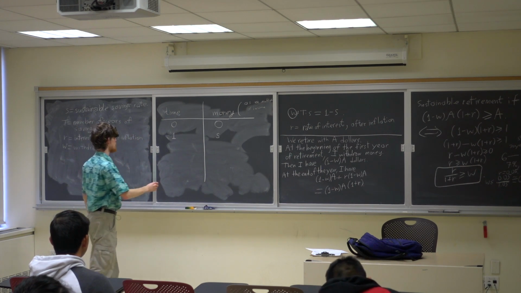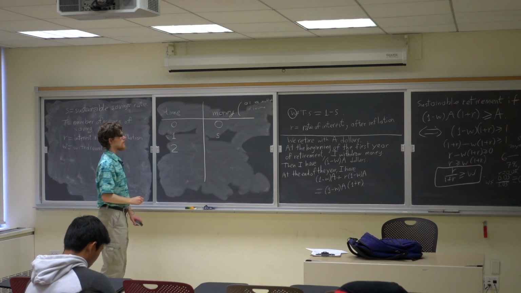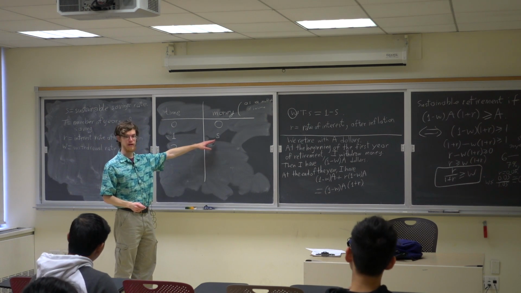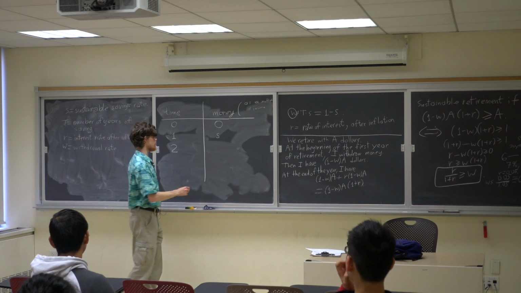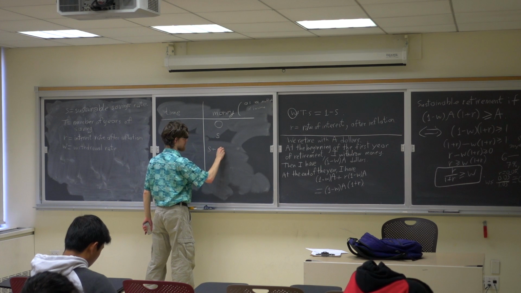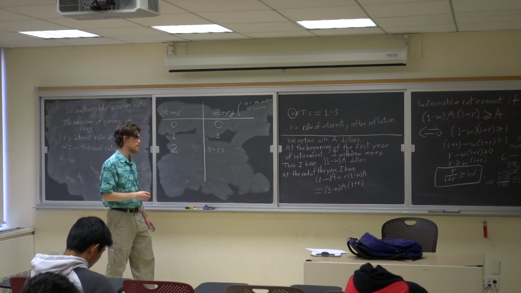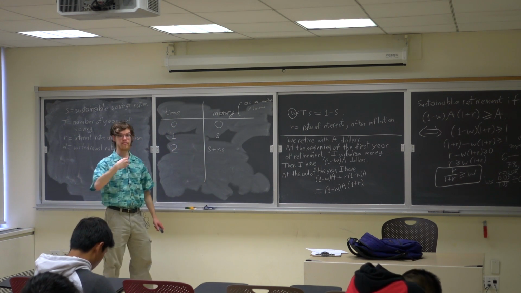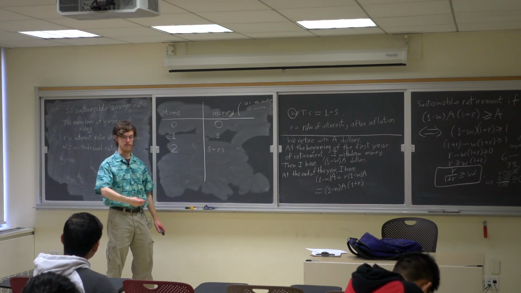Now after 2 years, the bank has given me my first interest payment on this. So I have the savings rate plus the interest rate times the amount that I saved, plus the amount that I saved during the second year.